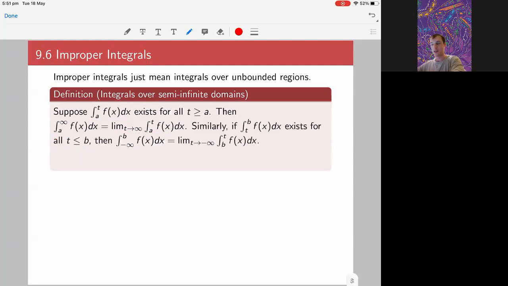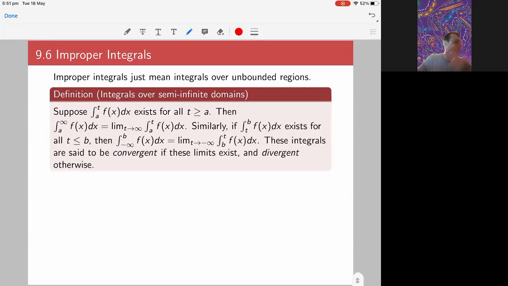Of course, the exact same thing happens in reverse if we want to put the minus infinity on the subscript. So this is the same as the integral from t up to b of f of x dx, and we send t to minus infinity.